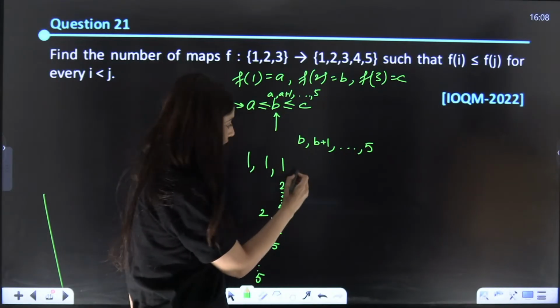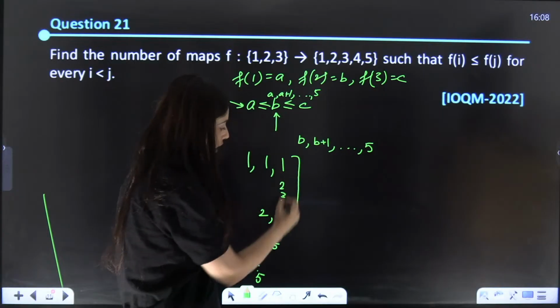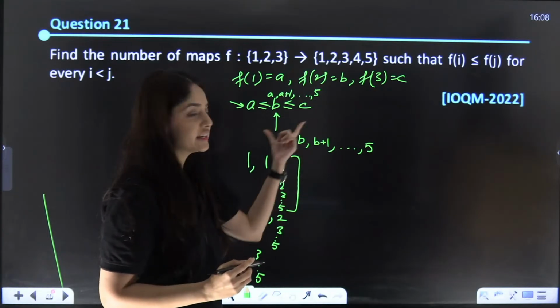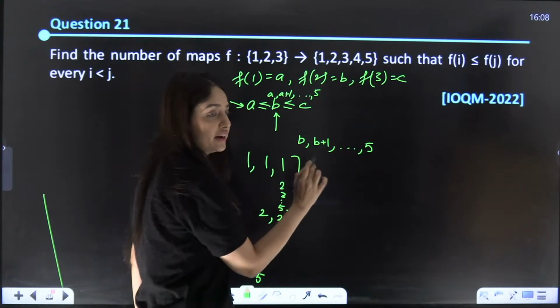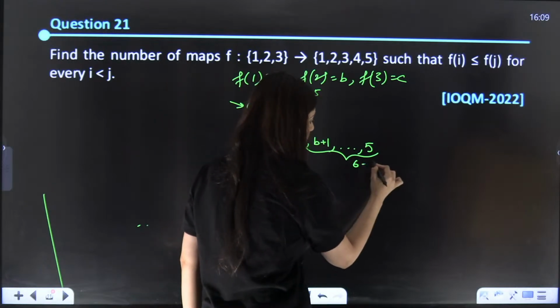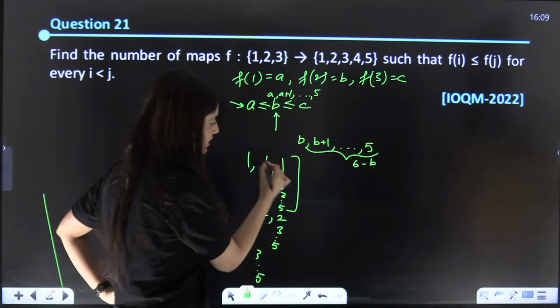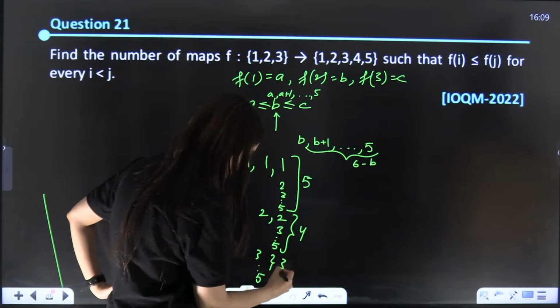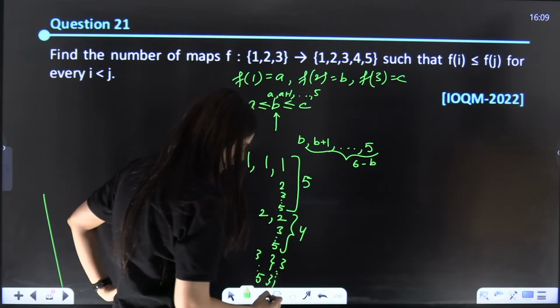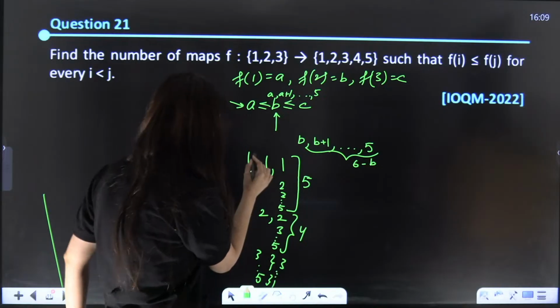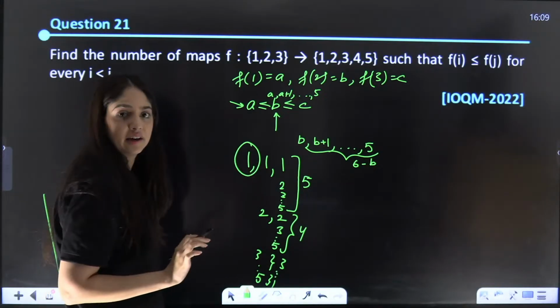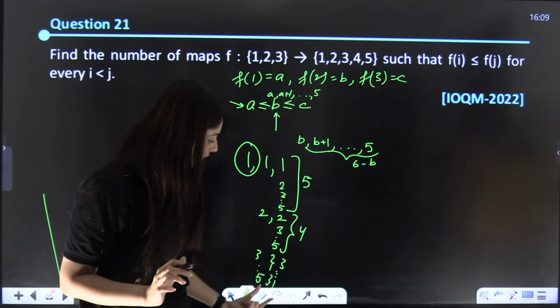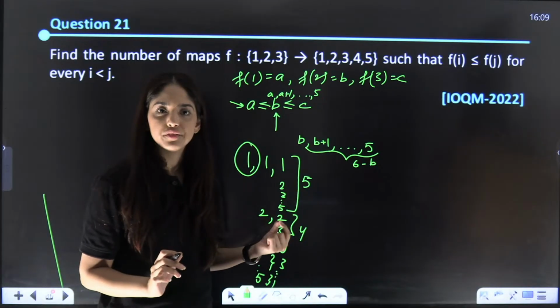When B is 1, the possibilities for C is 6 minus B, B to 5, that is 6 minus B. So 6 minus 1 is 5, then 4, 3, like this, down to 1.